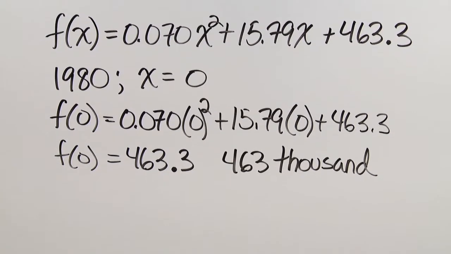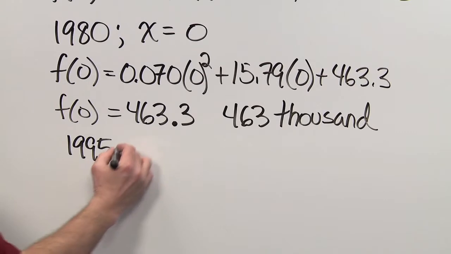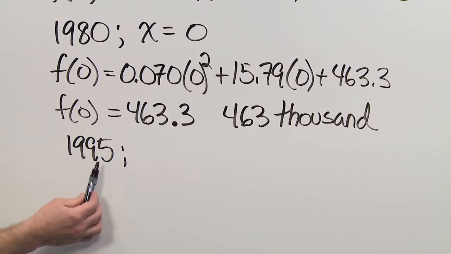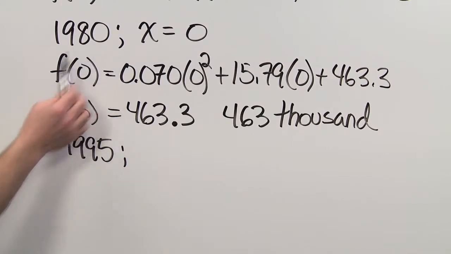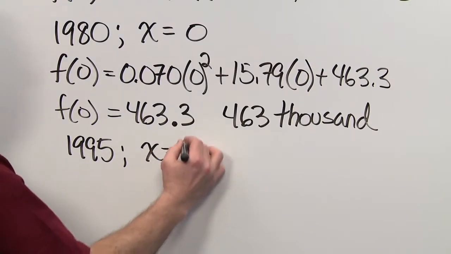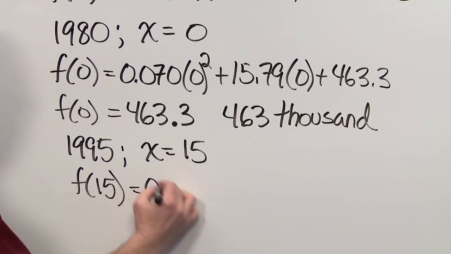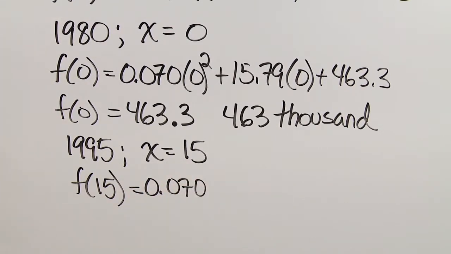Well, what about 1995? Well, we would simply subtract 1995 minus 1980, and that would give us an x value equal to 15. So we want to evaluate f of 15. And that means substituting in 15 in place of x.